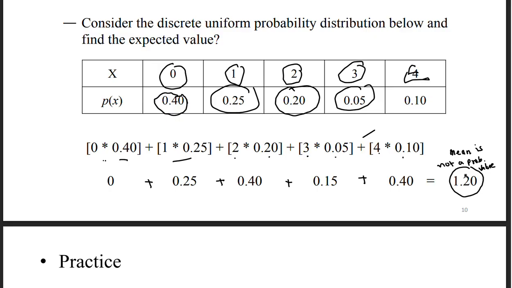The variance is looking at how these values of x vary from the 1.2 average, considering the effect of the probability that these values will occur. And so remember, the variance is basically a summary of how the values differ from the mean, considering the effect of their probability of occurrence.